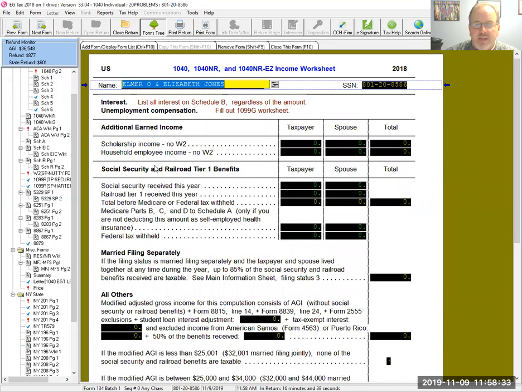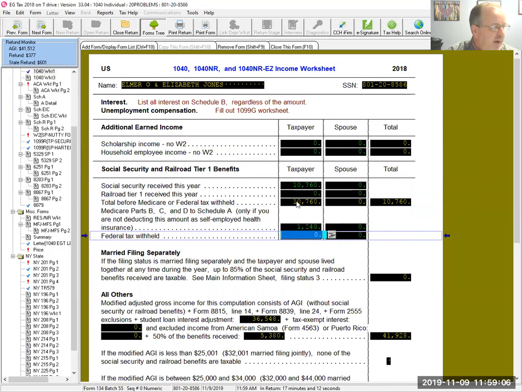All right, and then I can see up here Social Security and Railroad Tier 1 benefits. Remember I said, pink and blue, boys and girls together. So my pink Social Security and my blue Railroad Tier 1, or the blue documents, they will go here. You can see that it all explains it there for which parts goes in. In this case, I have Social Security that he received. Again, I go to box 5, my pink box. All right, so we're in on that one. I go down to my Medicare, 1248.